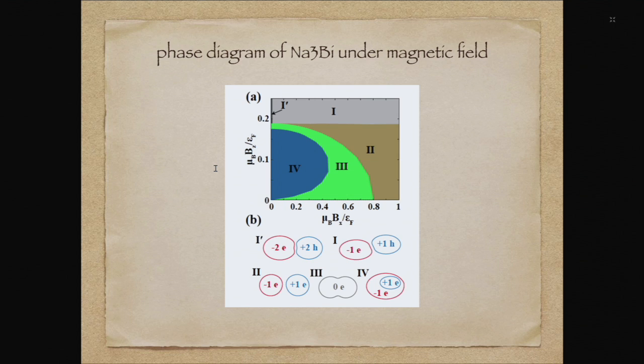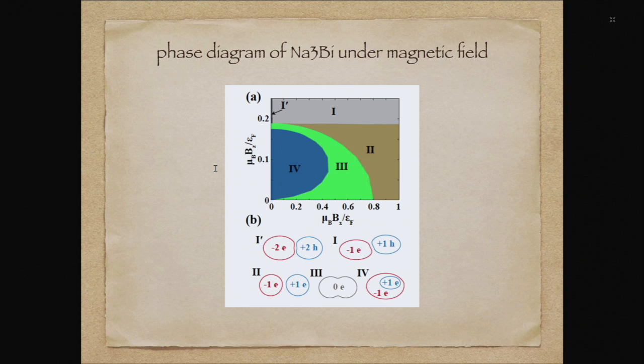Now the Zeeman effect shifts these two Weyl points away from each other to form such a rich phase diagram. For example, in this phase 1 prime, the two Weyl points will shift in such a way that they form two Fermi surfaces, two small Fermi pockets.